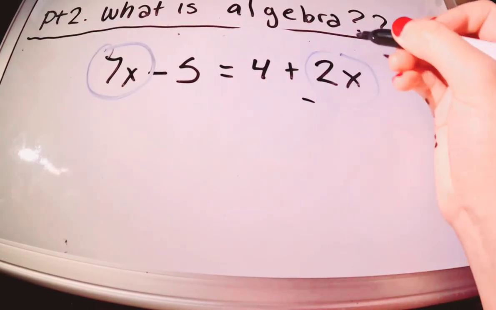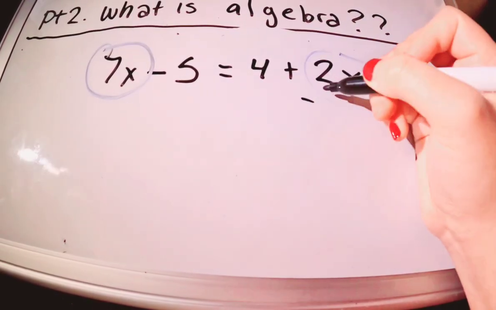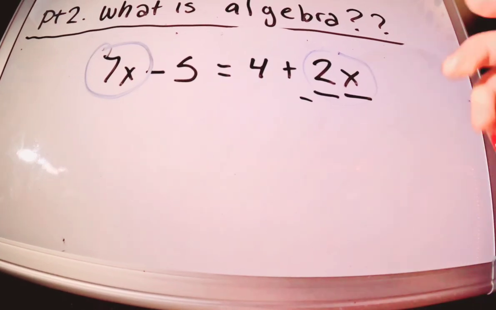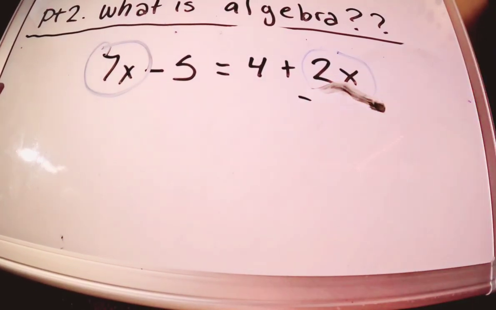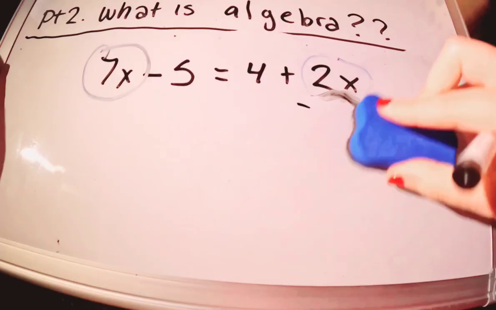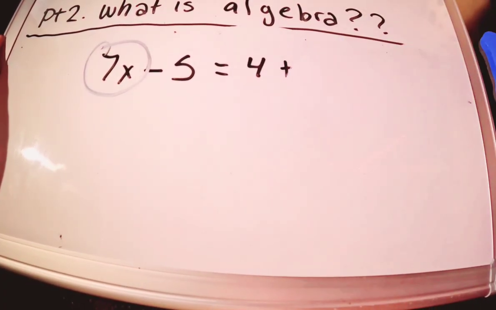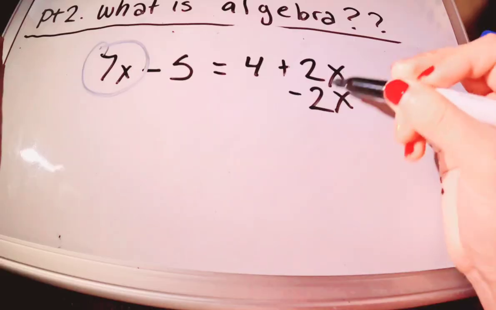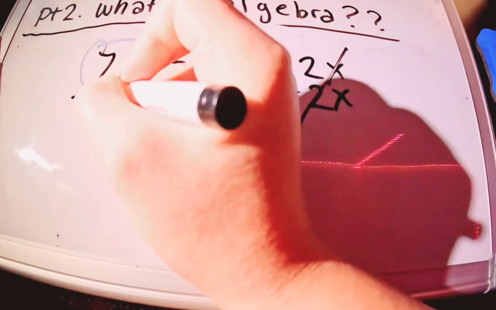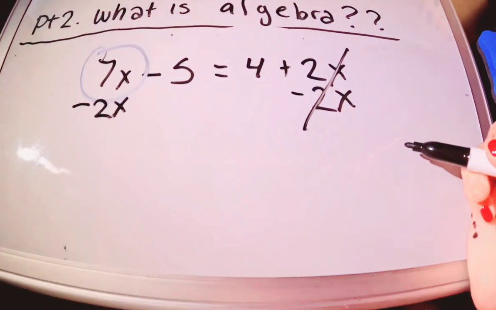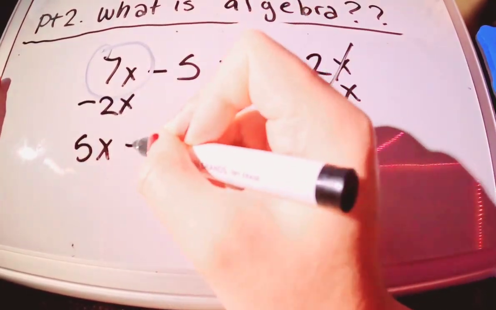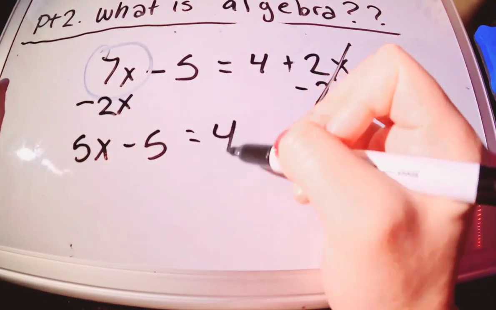If you have a coefficient and a variable together, you can bring them along together. You can subtract 2x, so that cancels out. You can subtract 2x here. So what you would end up with is 5x minus 5 equals 4.